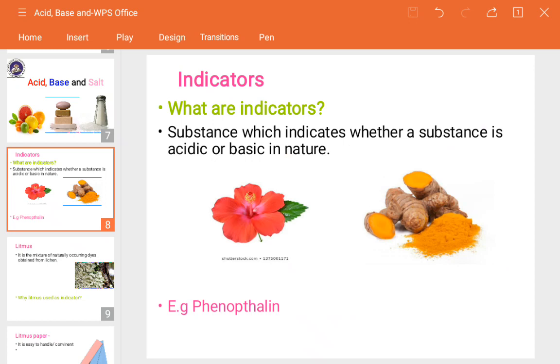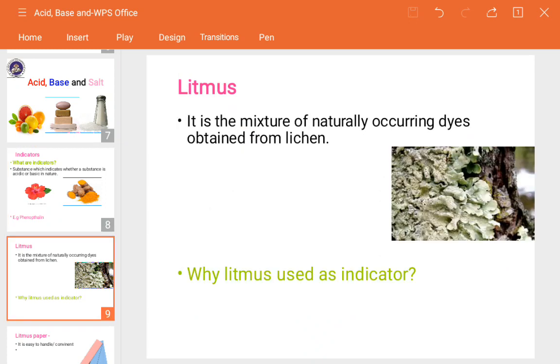Now we will move on to litmus. It is a mixture of naturally occurring dyes obtained from lichens. Lichens are microorganisms which live in a symbiotic relationship between algae and fungi. Algae help to provide nutrition to the fungi and fungi protect the algae.